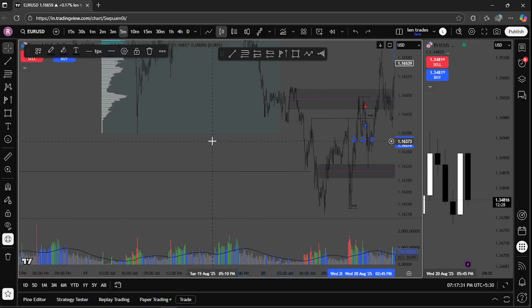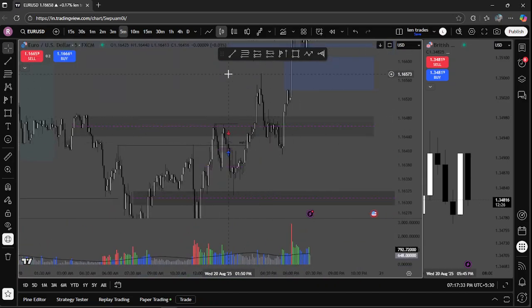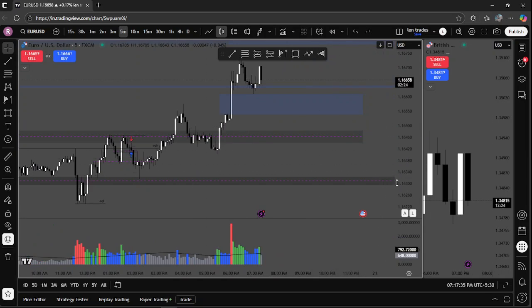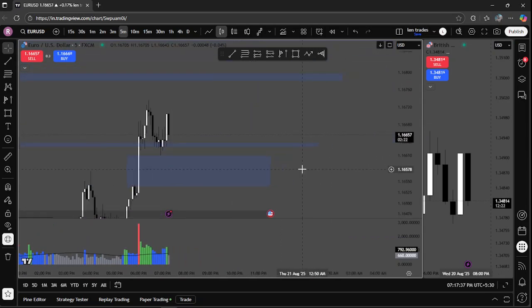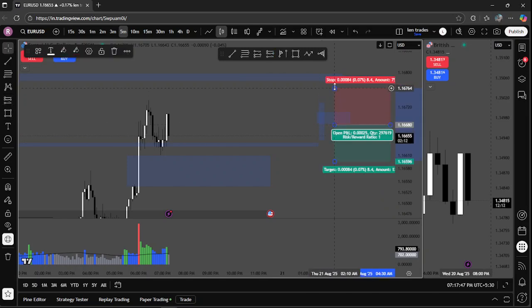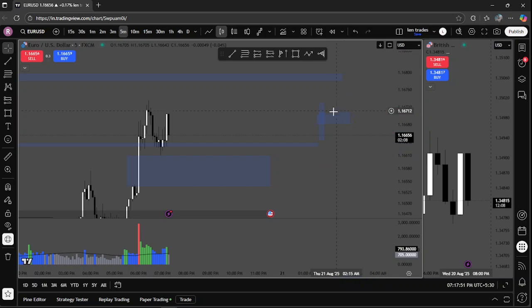Looking at the footprint, you see the displacement happened and there are a lot of stops. So you know that those stops are about to get filled. So instead of taking this trade here, you can take the trade here, which can give you a better RR.